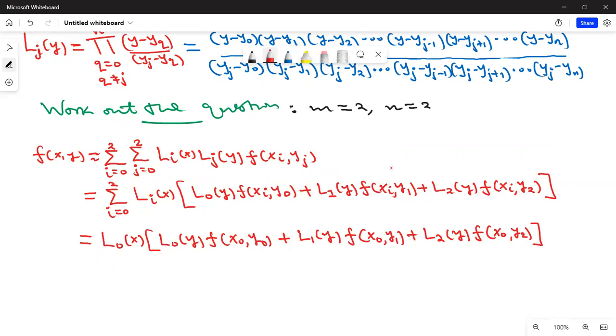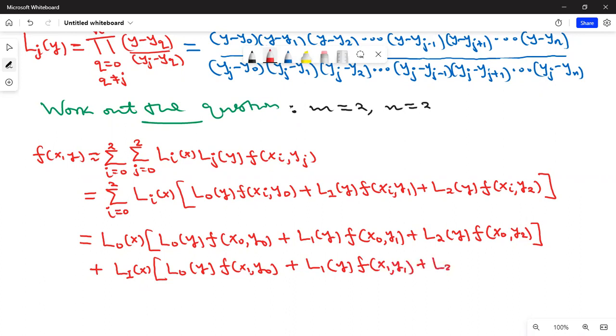That's when i is 0. Then plus when i is 1, you'll get L1 of x times again the entire bracket: L naught of y, f of x1, y naught, plus L1 of y, f of x1, y1, plus L2 of y, f of x1, y2.